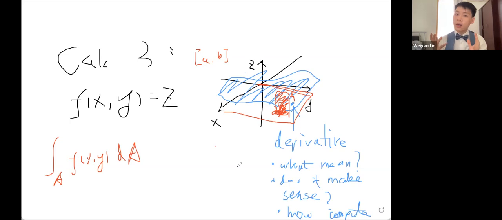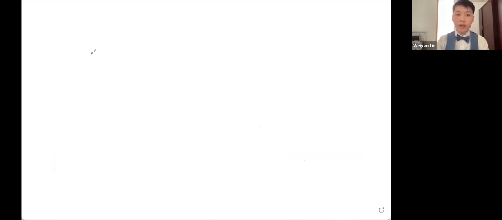What does a function in 2 or 3 or even more dimensions look like, right? And so for high dimensions, we no longer have numbers like in 1 dimension, right? So one of the ideas is to talk about vectors.